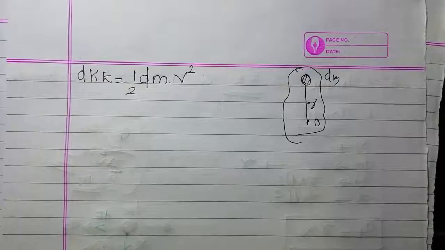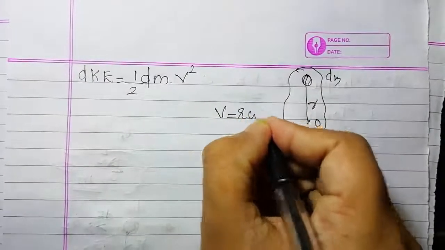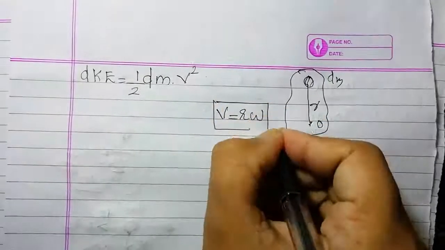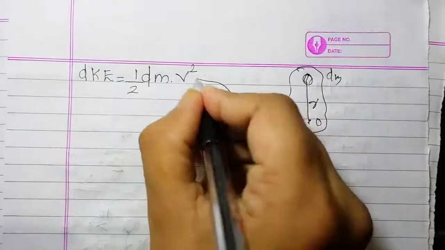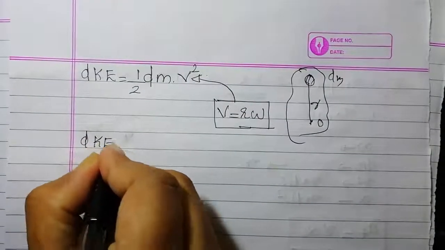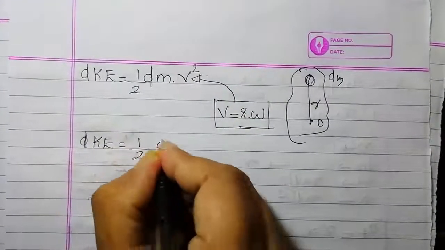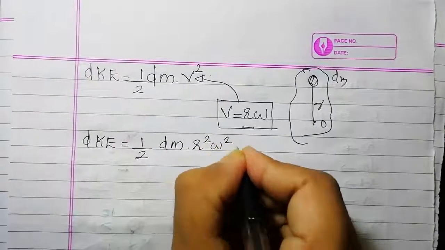Half into dm into v square, and also we know that v is equal to r omega. The expression we discussed in the first video, v is equal to r omega. Substitute this value r omega here. So you will get the change in kinetic energy is equal to half into dm into r square omega square.